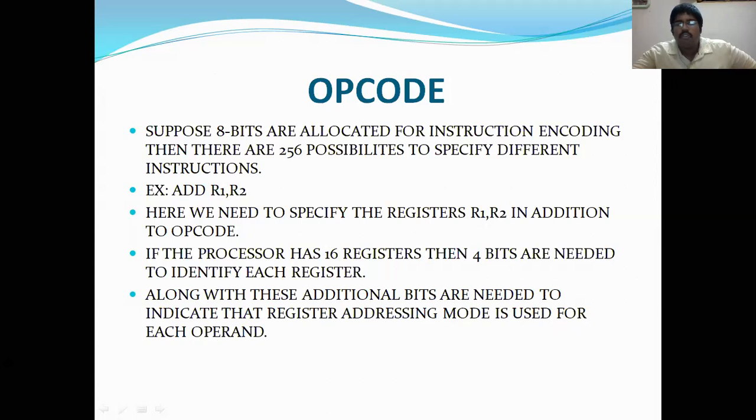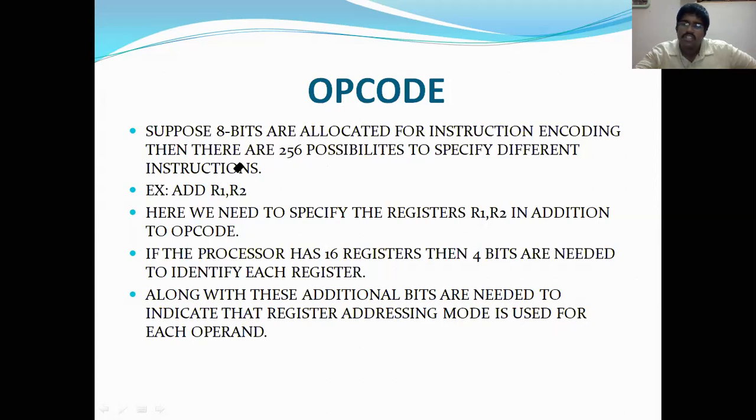We can have an 8-bit opcode, 16-bit opcode, 32-bit opcode, like that. So if I have an 8-bit opcode, I can use 2 power 8, that means 256 different instructions.